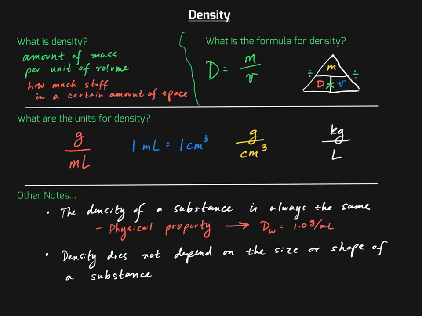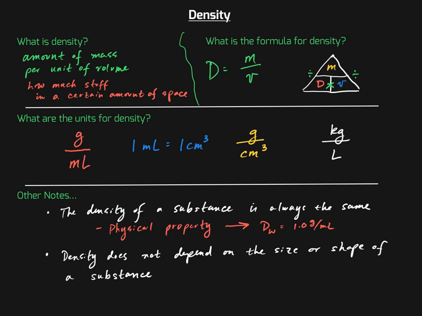However, think about an ice cube in a glass of water. And I want you to also think about an iceberg in the middle of the ocean. Both of those objects float because no matter the size, no matter the shape, they're both still made up of ice.